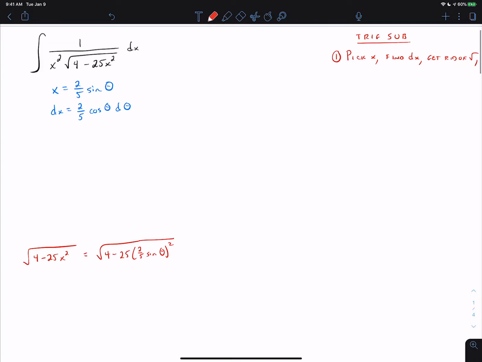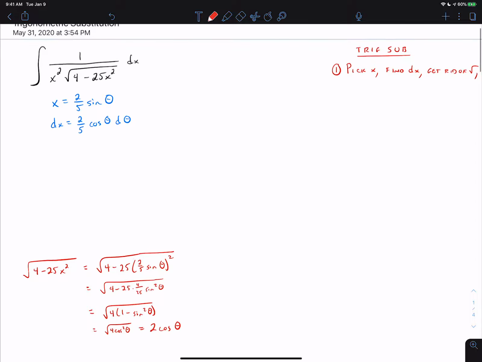We can square that and get 4 minus 25 times 4 over 25 sine squared theta. The 25s cancel and the 4 will factor out, so we get 4 times 1 minus sine squared theta. That then is the square root of 4 cosine squared theta, which is 2 cosine theta.